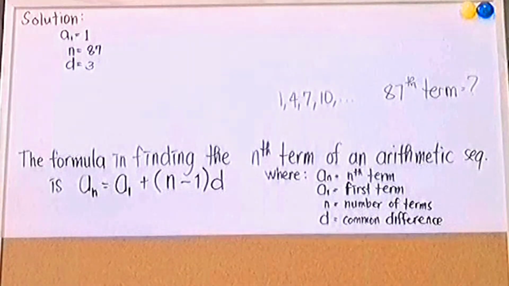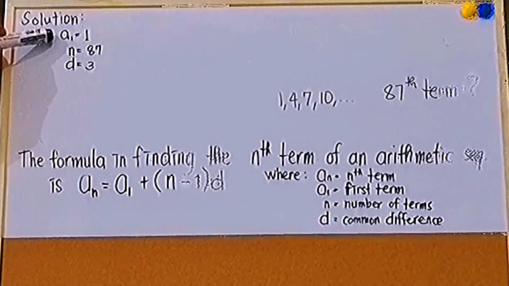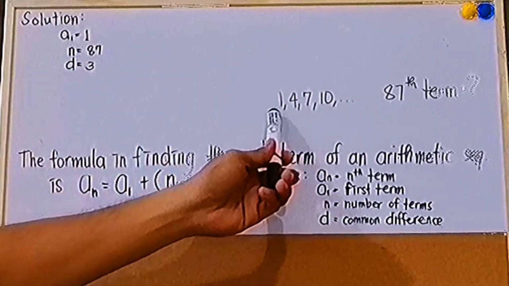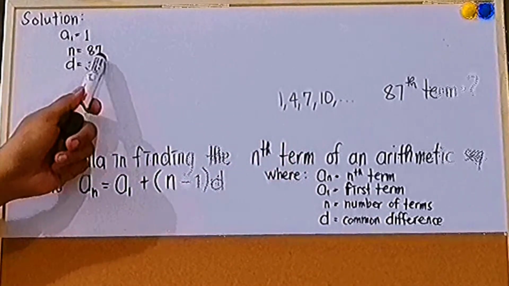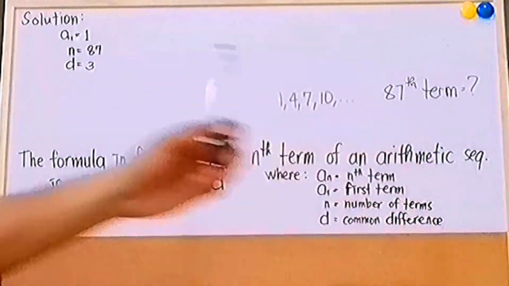Now let's solve that one using the formula. But first, we need to write the given or the knowns. So, first term or a sub 1 is 1 because that is the first term in the sequence. n is 87 because that is the number of terms that is being asked.